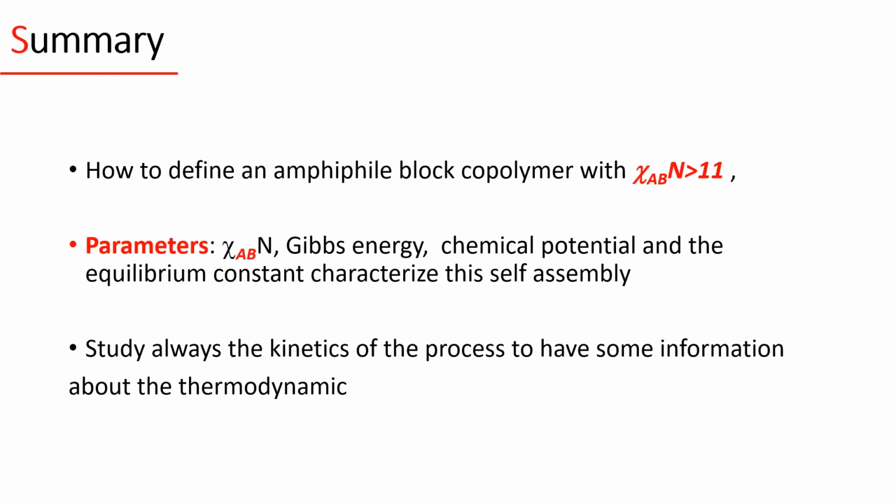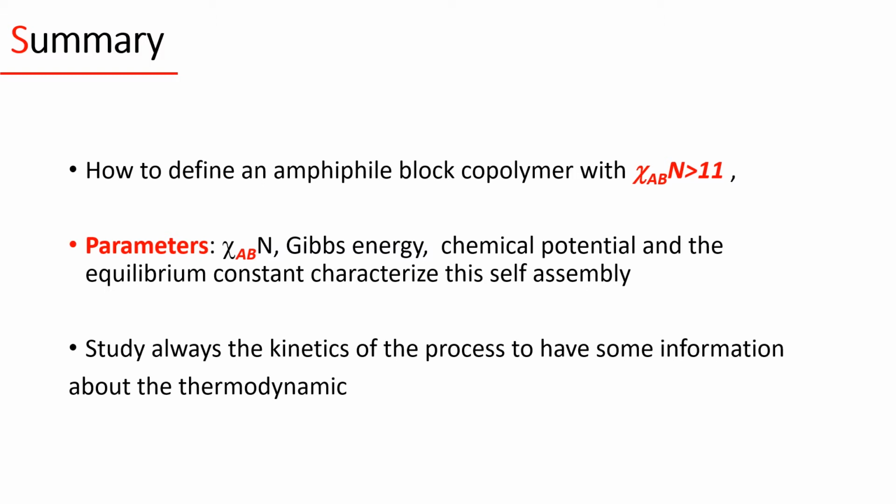In summary, we have learned how to define amphiphilic block copolymers by multiplying the Flory-Huggins parameter by the aggregation number. If this number is over 10 or 11, we have amphiphilic block copolymers.